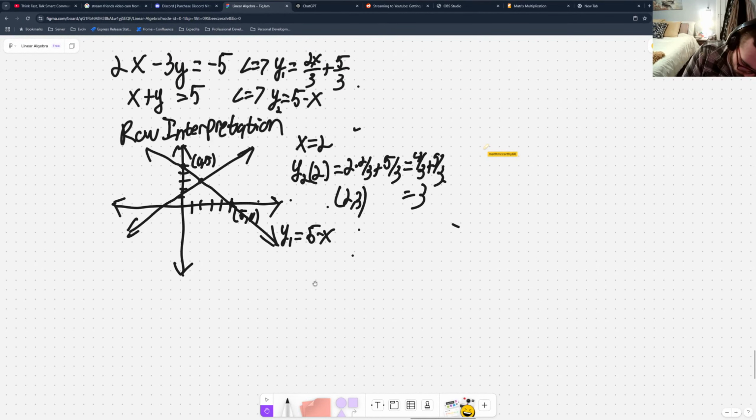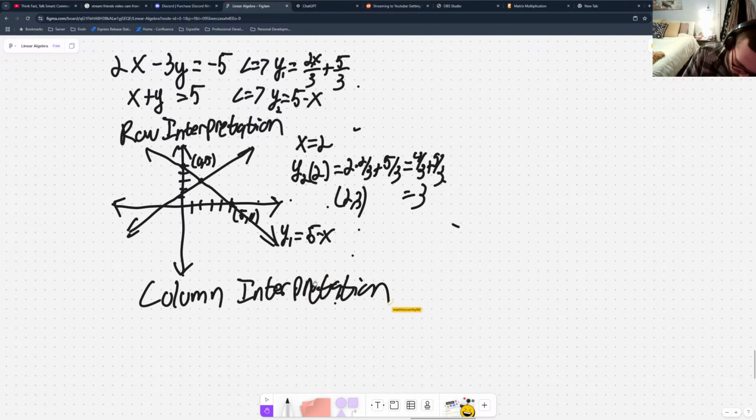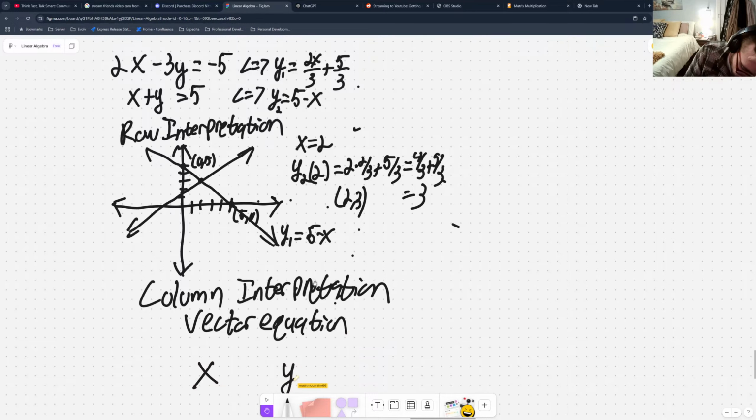Now, the column interpretation of this system would be thinking about this system of equations as a vector equation. So we have x and y, and then this is equal to something.